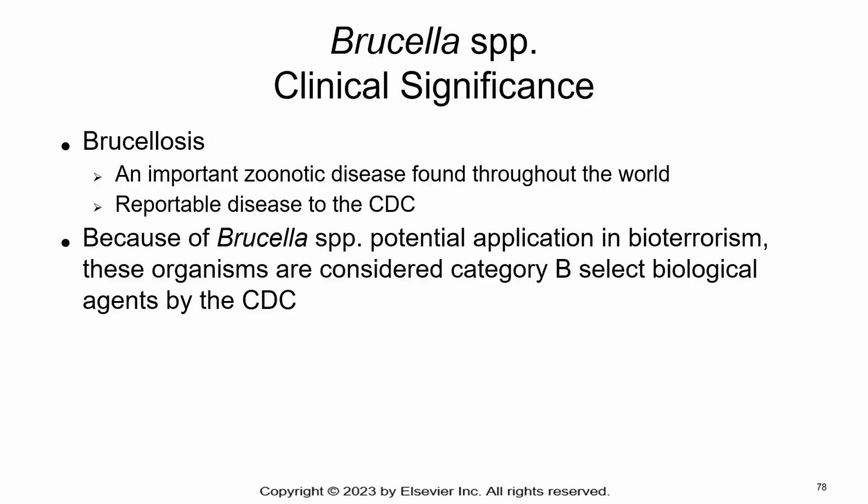Brucella. Brucellosis is another important zoonotic disease. This one is more associated with milk, especially from animals in areas where they don't vaccinate against this. Brucella has a potential application in bioterrorism, so these are considered Category B select biological agents by the CDC.